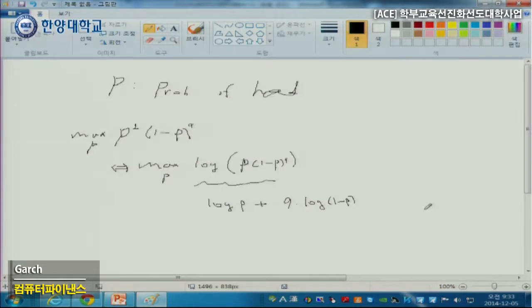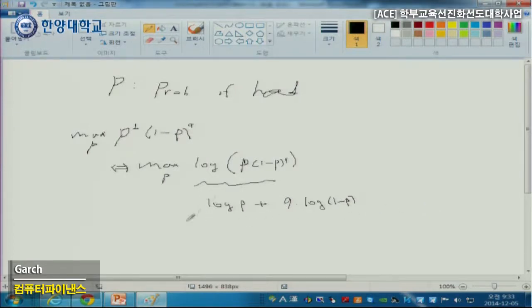So how can we maximize this one with respect to P? How can you find it? Yes, differentiation, right? We take the derivative with respect to P. What is the derivative of log P with respect to P? 1 over P, right?